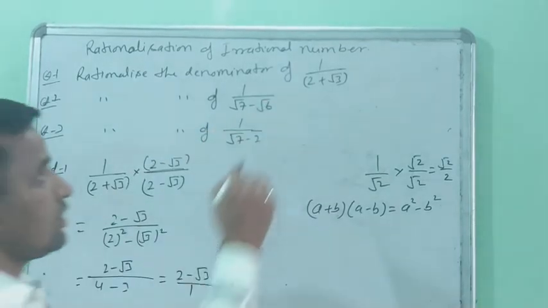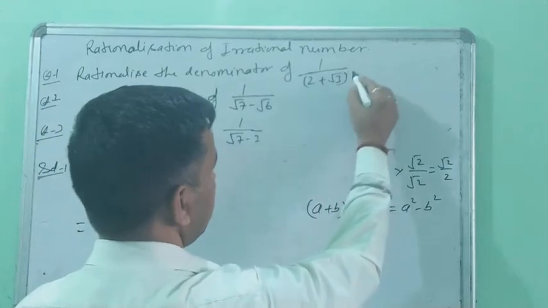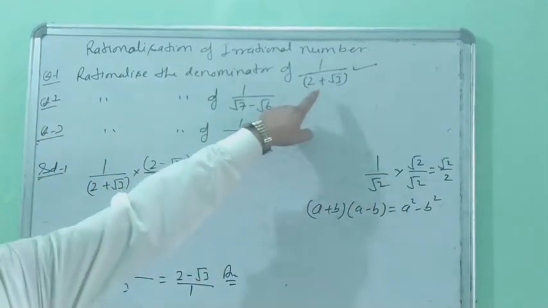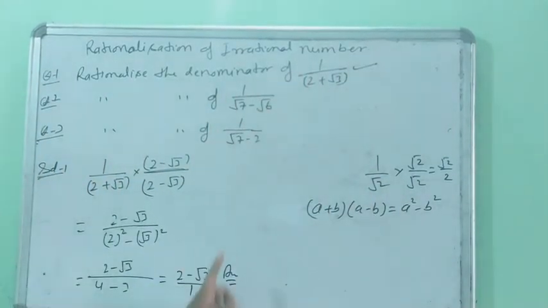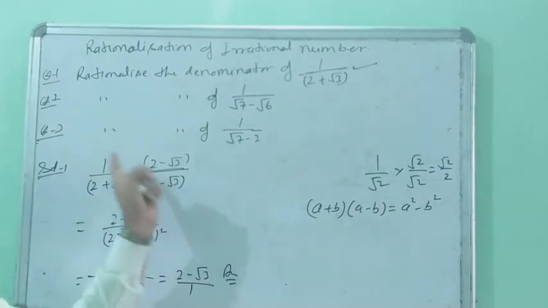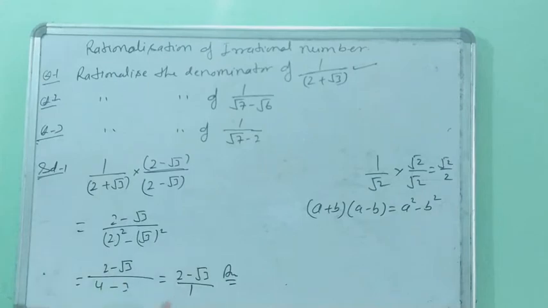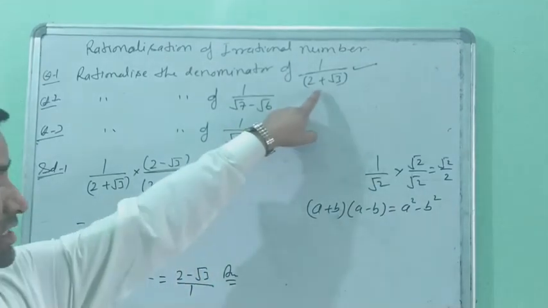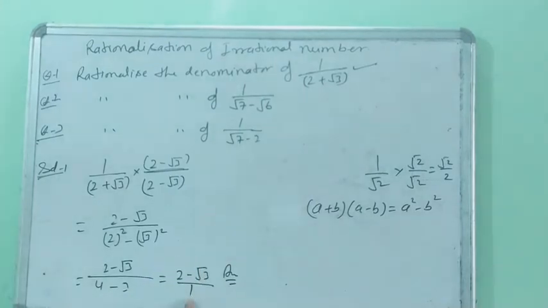But in the question here, you check, this was the irrational form, and this result is in the rational form. This process is called the rationalization process, because you convert an irrational number into a rational number.